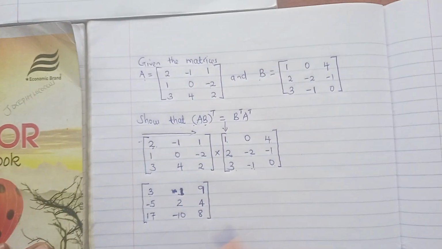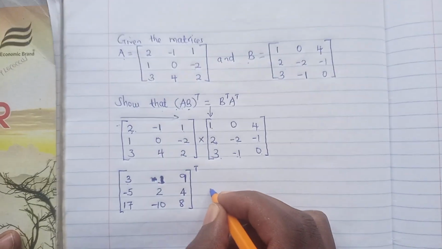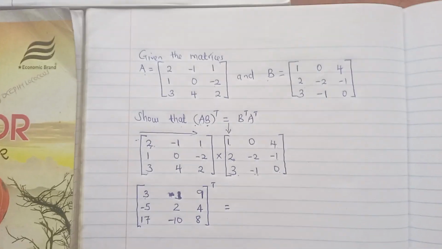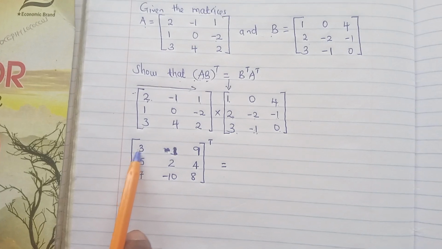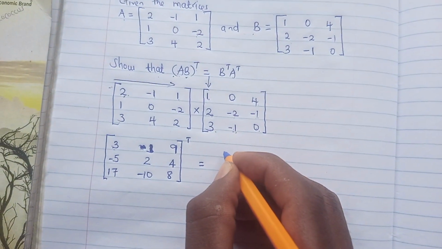So let us now write its transpose here. Let us transpose this one. So in transposition, the rows become the columns, and the columns change to rows. So the first row here becomes the first column.